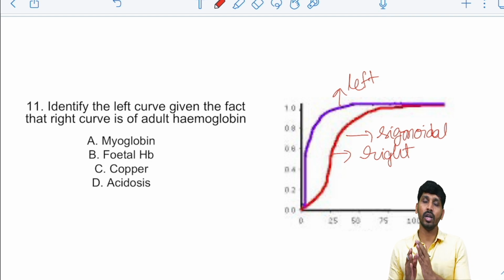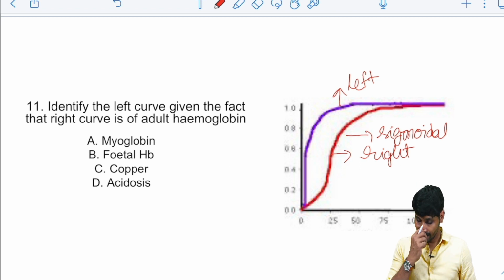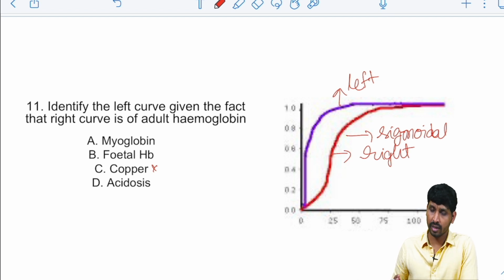The options given are myoglobin, fetal hemoglobin, copper and acidosis. Copper I can rule out easily, so it has only to do with fetal hemoglobin and myoglobin. Fetal hemoglobin shifts the curve to the right, not to the left, so it will be myoglobin.